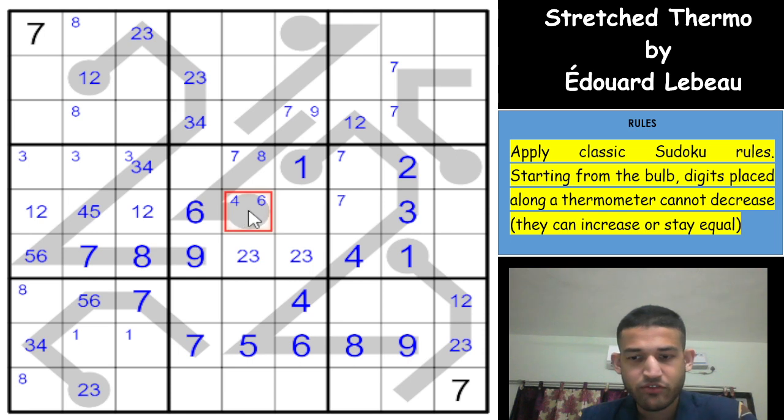And this is now a 4 or a 5, right? It should be less than that. So this can only be 4, 5. Okay, you have 7, 8 here, and this is 7, 8, 9, right?